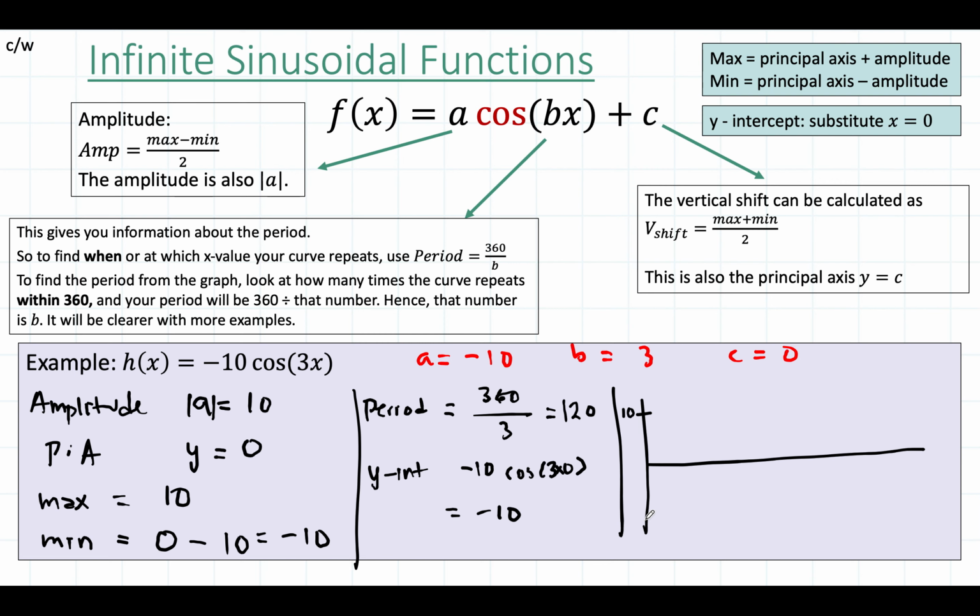So again, on my graph, I will pinpoint the main values. My maximum is 10, my minimum is -10, and this is 360. I have 120 here, and it repeats 3 times within the 360, which means the next time it's going to repeat is going to be at 240, if I add another 120. And we are just going to drag this, it starts at -10 as well.